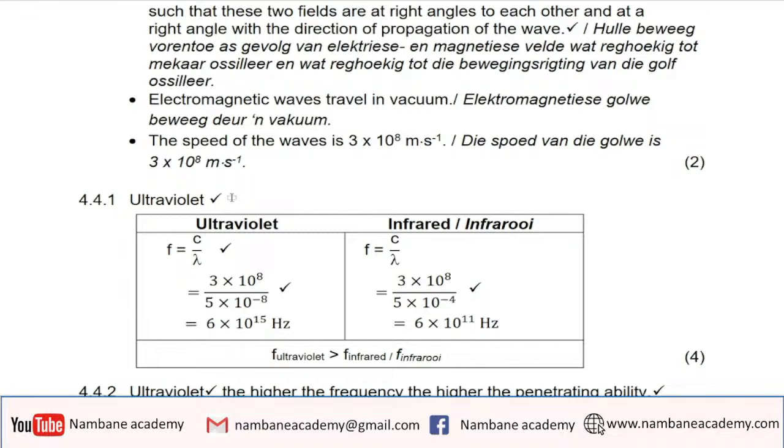So the learners must first calculate, and ultraviolet, because it has a higher frequency than infrared, is the one that is going to have a higher penetrating ability there. So that is basically the way we should take that question.